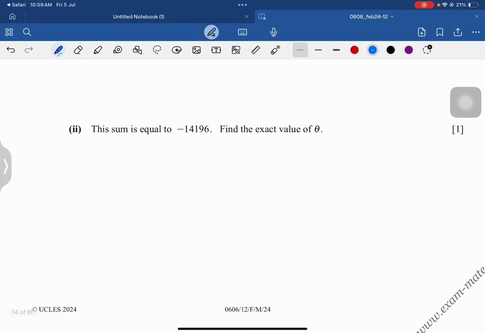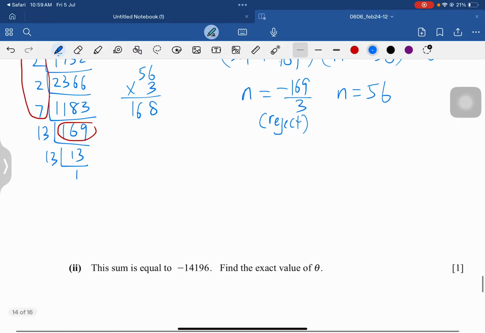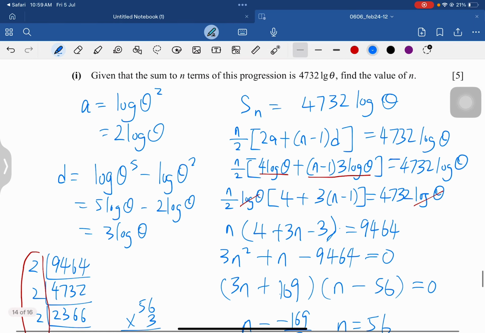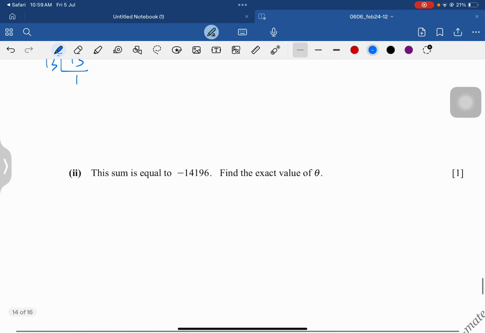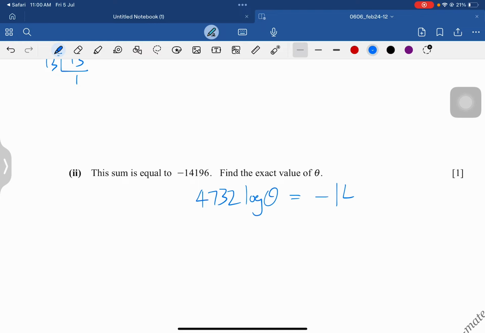This sum is equal to 14196. 4732 log theta is equal to minus 14196.